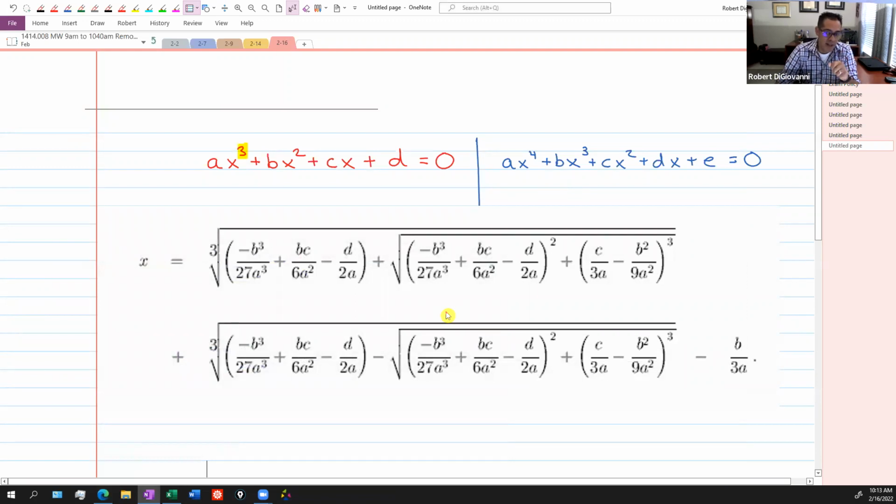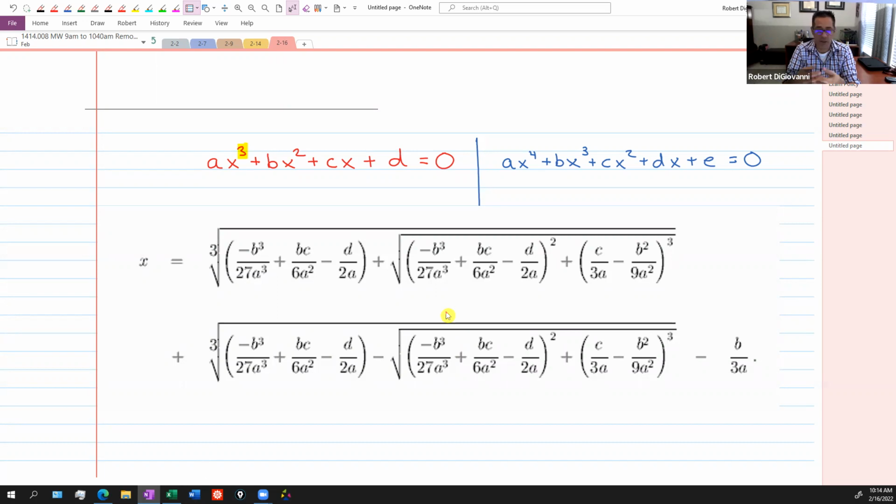Here's the amazing thing, though, all right? The amazing thing here is that once you get to 5th degree, if I did a 5th degree polynomial, there is no equation. All right. 5th, 6th, 7th, 8th, there's no equation. And when I say that, I don't mean we have not been able to find it.